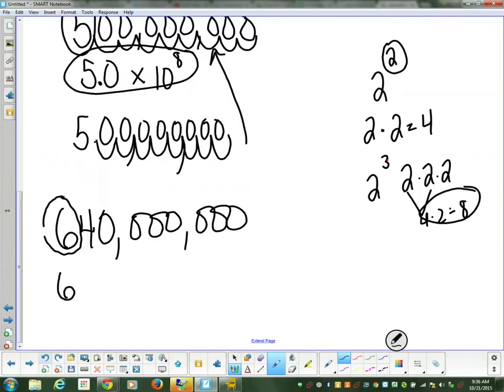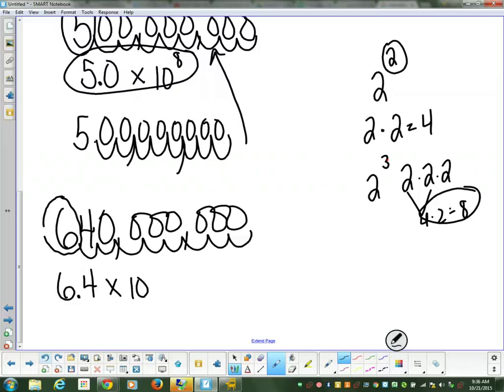So we express it 6.4 times 10 to, so if our decimal is right here, we have to go 1, 2, 3, 4, 5, 6, 7, 8. That's how many spots I have to go over. But we're expressing the zeros after it. So how many zeros are after it?